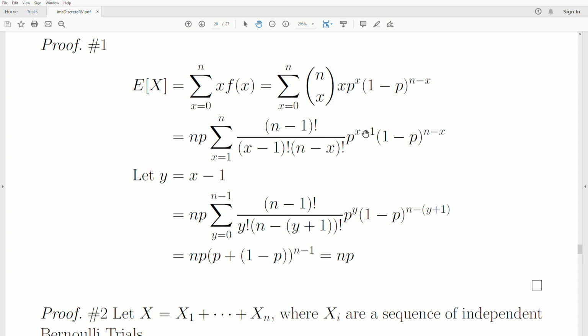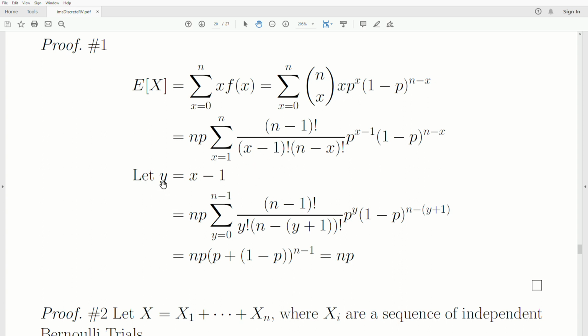So we get p to the x minus 1. When you write out what this is, you get n factorial. So I take one of those n's and put it out front, and we just get n minus 1 factorial. Now also notice when we sum, at x equals 0, this term is 0. So we might as well just start at 1. And then here we get an x factorial, but one of those cancels with this x, leaving x minus 1 factorial.